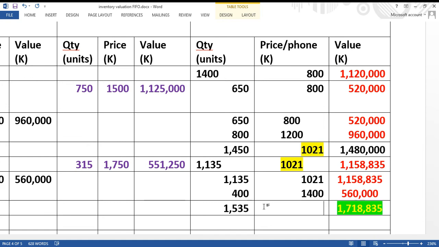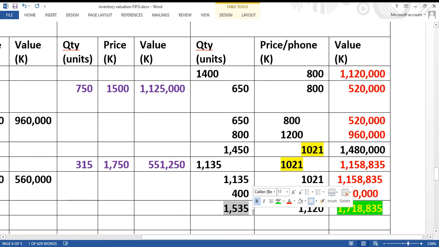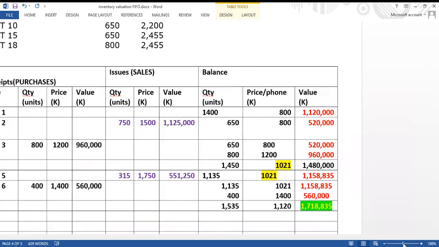Our average will be 1,119.7, so we'll round it off to 1,120. That's our new average. Any questions?